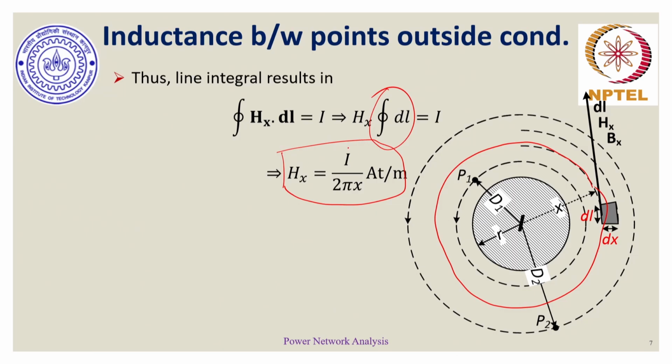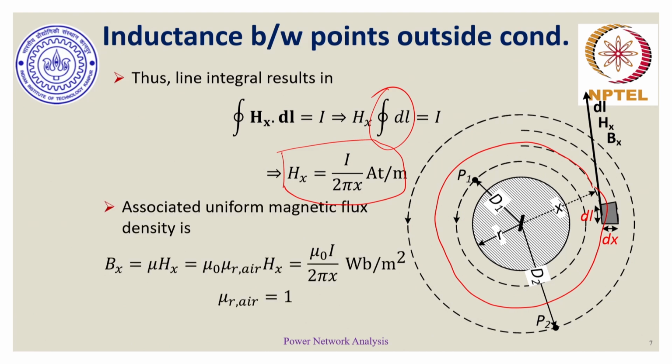Now, once we know the magnetic field intensity, we can also find the corresponding magnetic flux density B of x, where we multiply mu with H of x. The medium outside the conductor is likely to be air, and that's the reason why mu is replaced by mu naught, which is absolute permeability, equal to 4 pi into 10 to the power minus 7 Henry per meter.